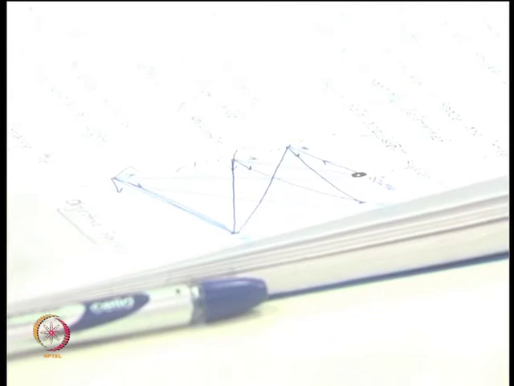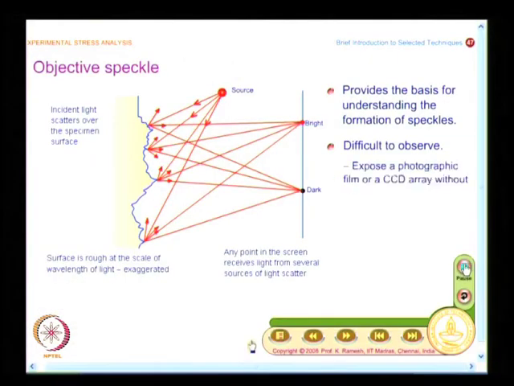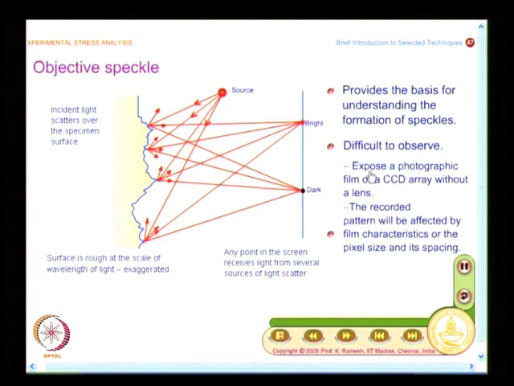So, the moment I put a lens, though I record something, whatever the specular reflecting object, if I look at it directly, I would be recording only subjective speckle, but only on a photographic plate, or you have to take special effort to record objective speckle. So, it is difficult to observe, and this is what the methodology is. In what way can I expose a photographic film or a CCD array without a lens?